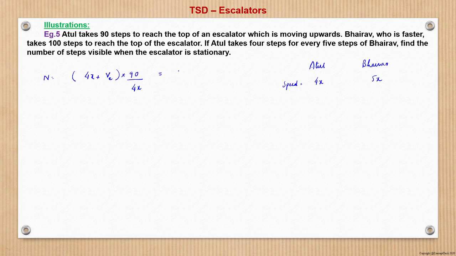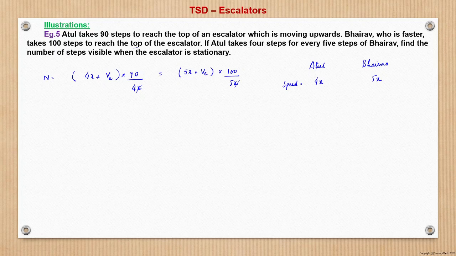This is equal to the case of Bhairav, wherein Bhairav is also going in the same direction, reaching the top of an ascending escalator. So it becomes 5x plus VE. Meanwhile, he covers 100 steps at a speed of 5x. So time is 100 upon 5x. So now x will get cancelled out in the denominator.